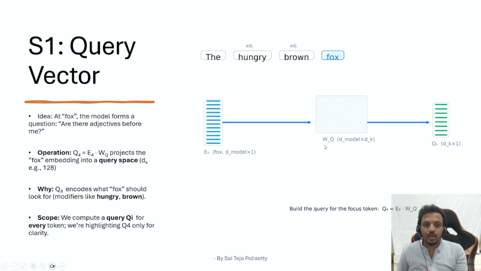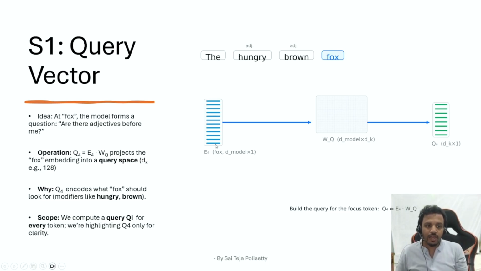It's basically W_q, meaning the weightage or the parameters of the query matrix. As we discussed, each word is represented with a vector, and it is placed into a vector space, and that's why it is called an embedding.